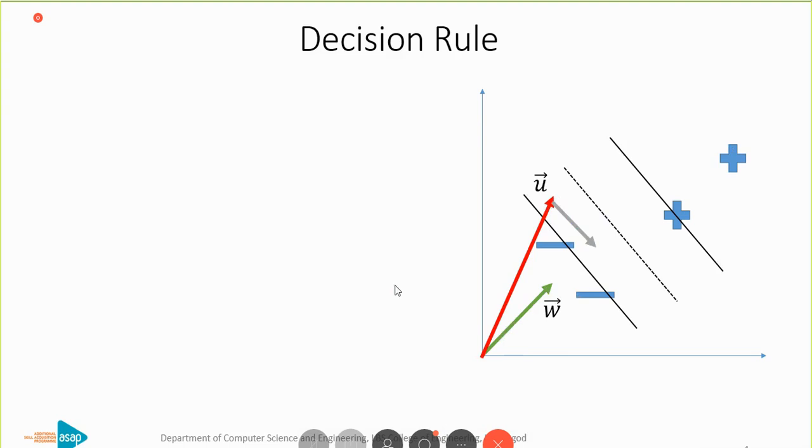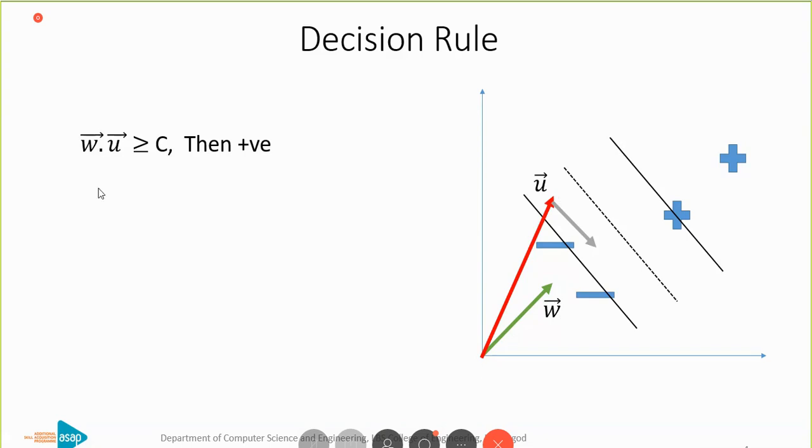Now let's write a decision rule based on this assumption. I'm going to write the projection as U dot W. That's the projection of U on W. U dot W greater than or equal to some constant, say C. That C shows the length.